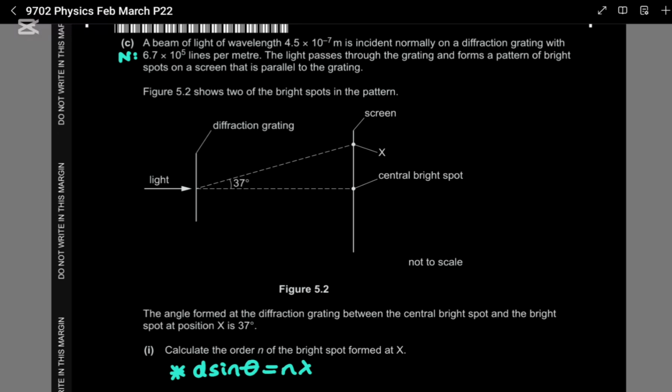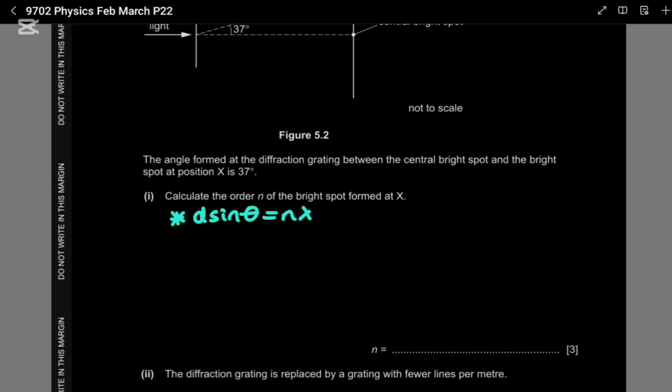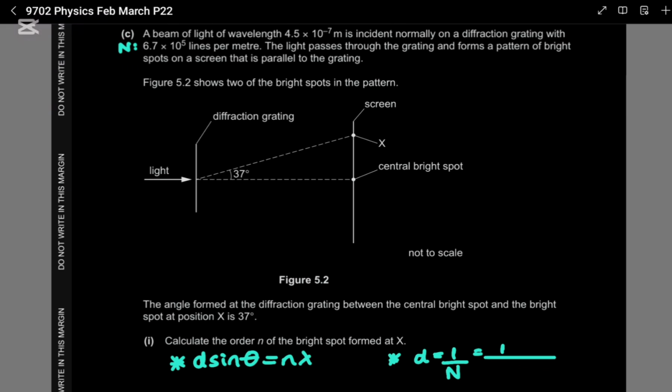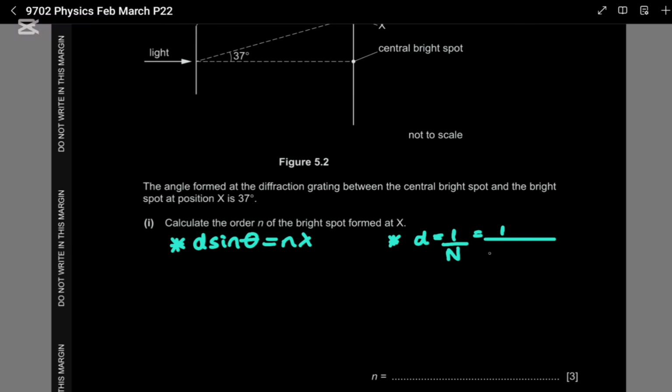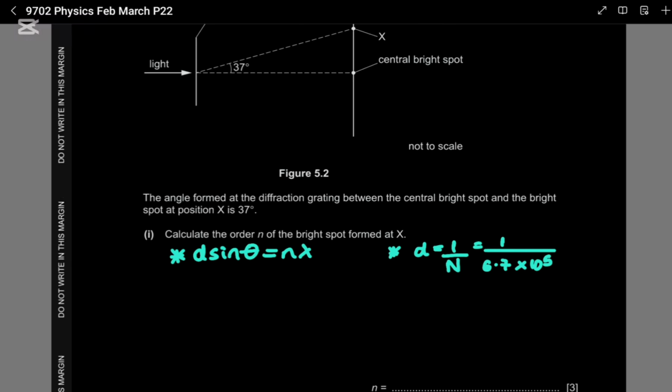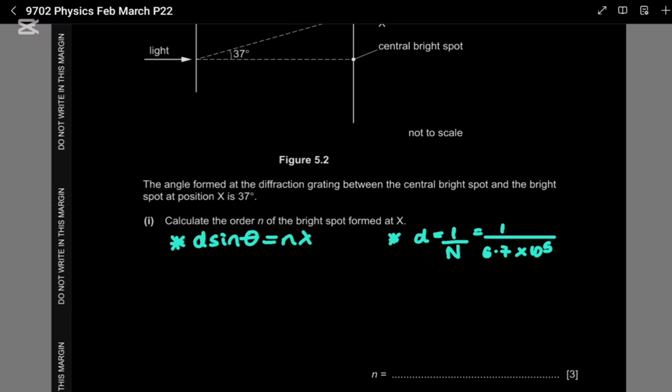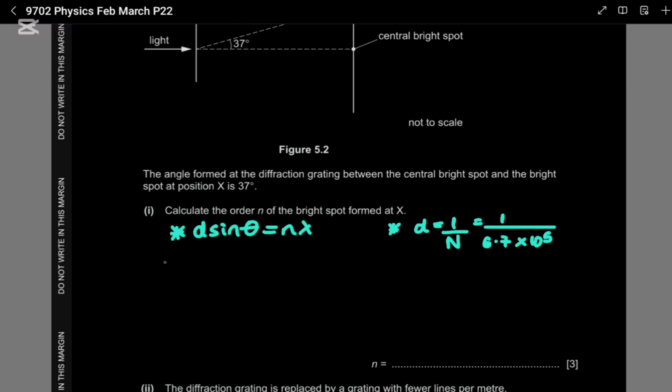So from here the relation between d and n is d is equal to 1 over n, which is equal to 1 over, what was n? 6.7 times 10 to the power of 5. Yes, 5. Alright, so n is equal to d. Just substitute it as it is.